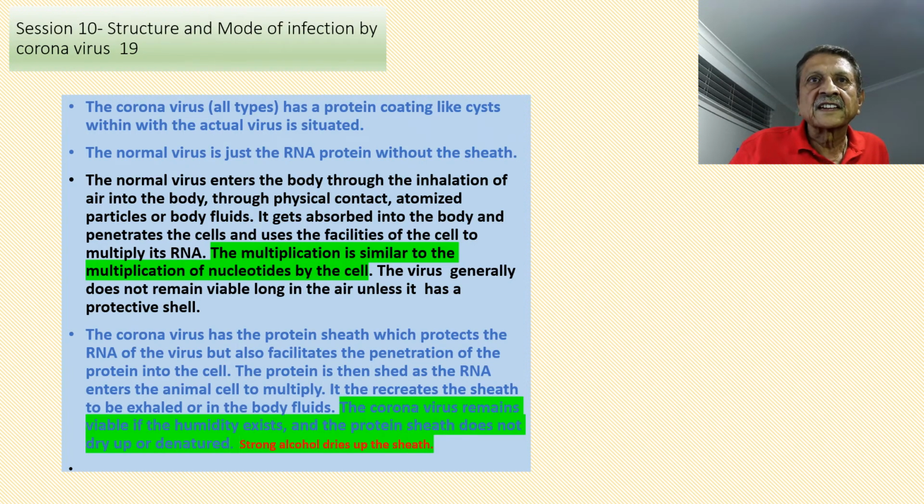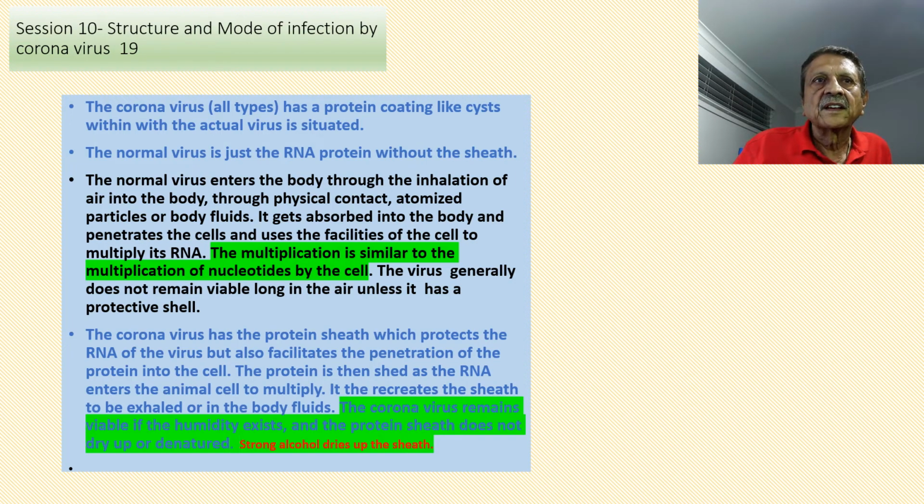The coronavirus has a protein sheath which protects the RNA of the virus, and it also facilitates the penetration of the virus into the cell. The protein is shed, the RNA enters the animal cell and multiplies.